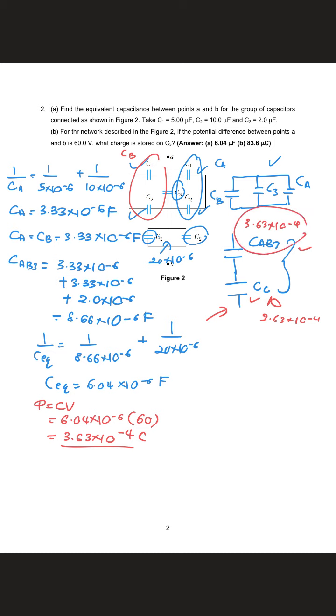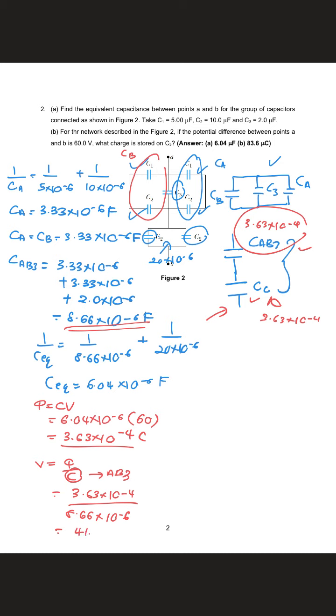From this you need to find the potential difference, using the formula V equals Q over C. This C is the combination of A, B, and 3, so Q is 3.63 × 10^-4 over 8.66 × 10^-6.